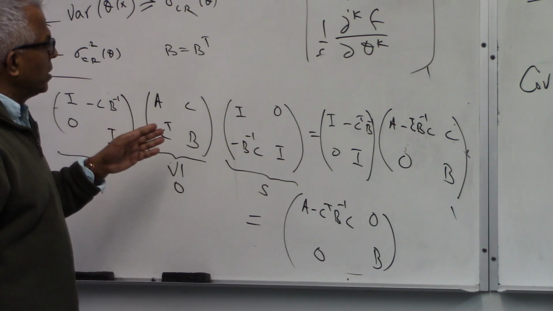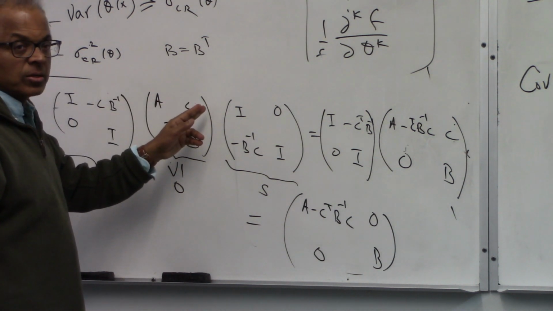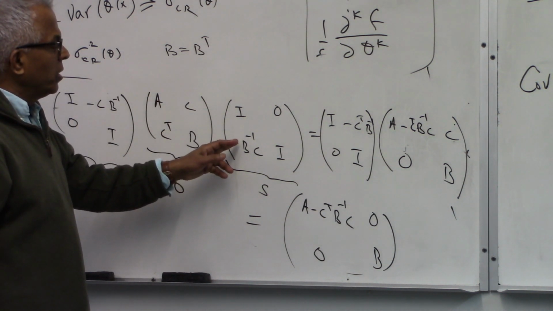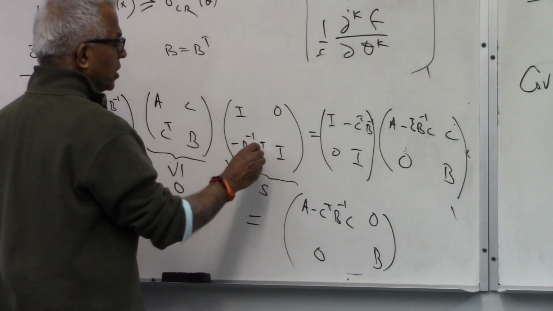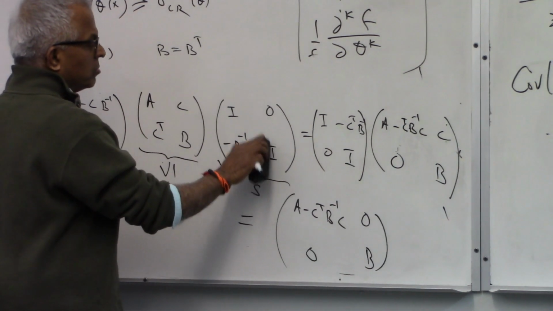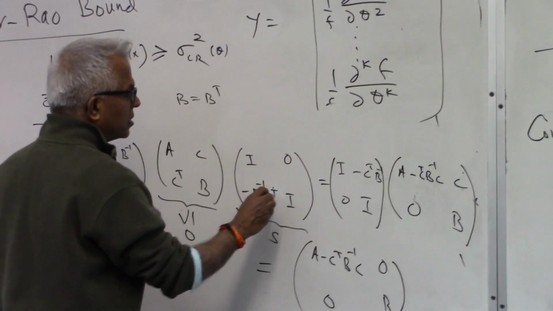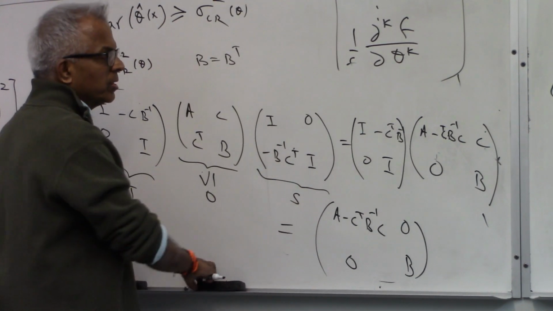Let's make sure the dimensions are right. C is a row vector, so this should be a column vector. This should have been transposed to start with. Then it will make sense, right? That's correct.